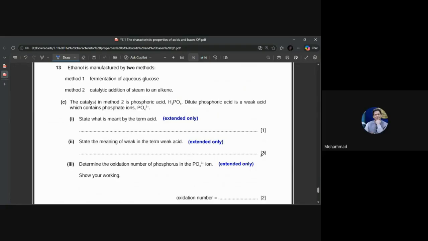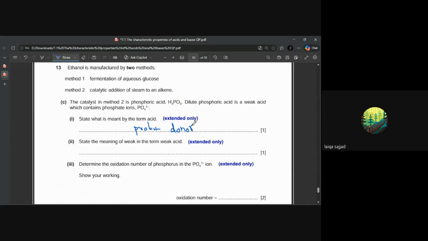Acid is a substance that produces hydrogen ions when dissolved in water. Yes, very good. You can say it's simply a proton donor. Proton donor, or a substance that produces H plus ions when it is dissolved in water.